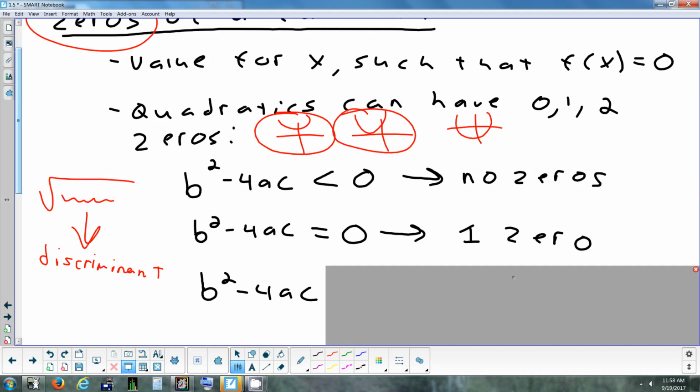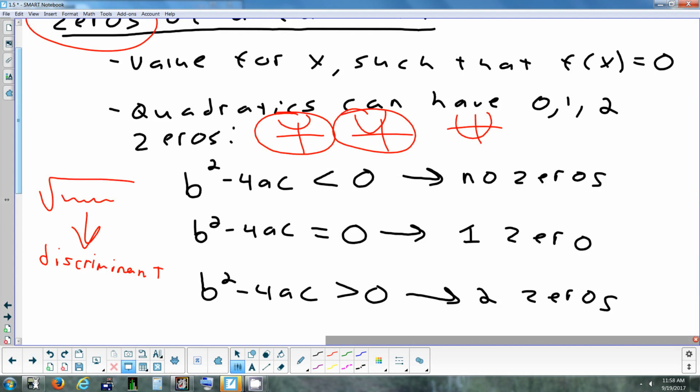It would just touch the x-axis once. If the discriminant comes out positive or greater than 0, it would be that situation. Now this trick doesn't give you the answers faster. It just tells you how many answers there are, not what they are.